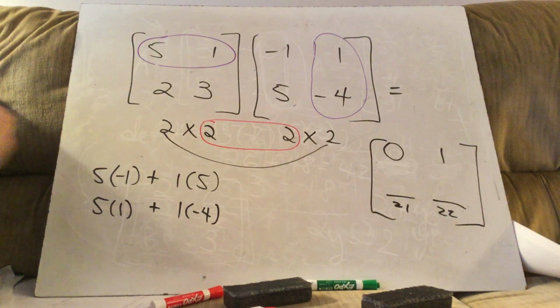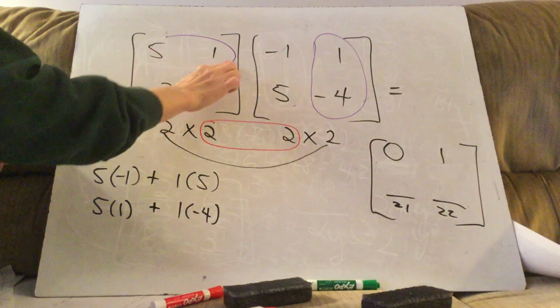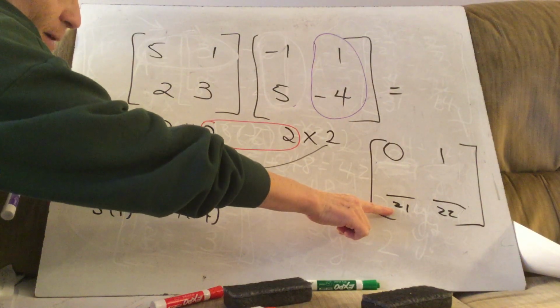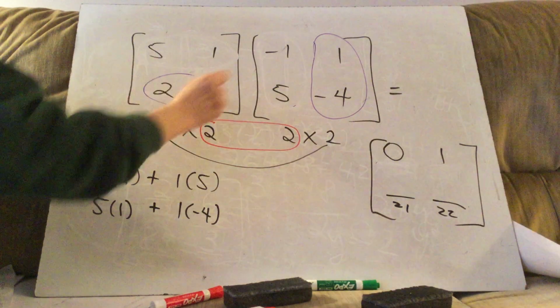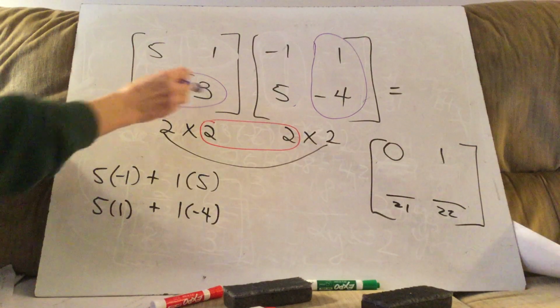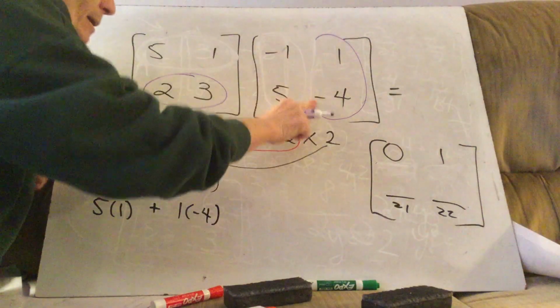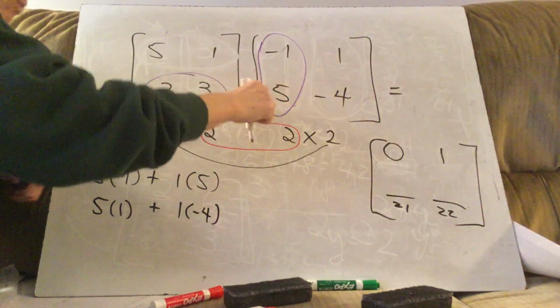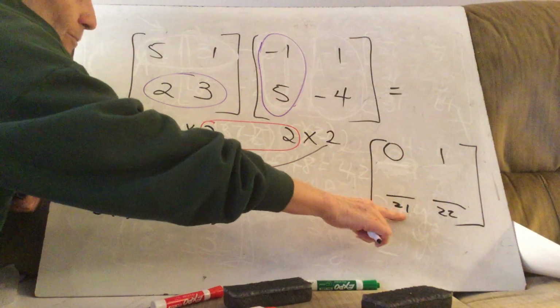Now, I'm going to go to my second row, because now I'm filling that spot, which is in the second row. So now I'll be using the 2 and the 3, and the first column, the -1 and the 5. Second row, first column.